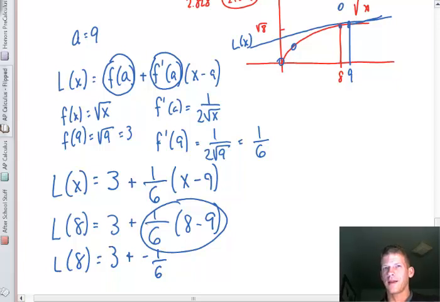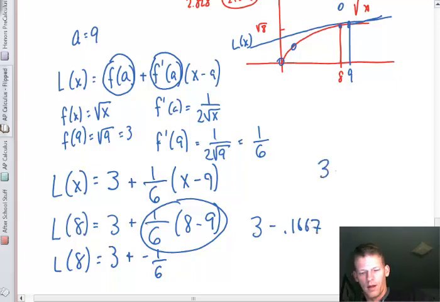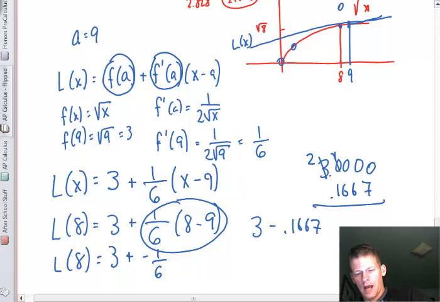I don't know about you, but 1/6 I think is 0.1667, because 1/3 is 0.333. So it's 3 minus 0.1667. So let's do the subtraction. 2, we're going to carry and carry again.